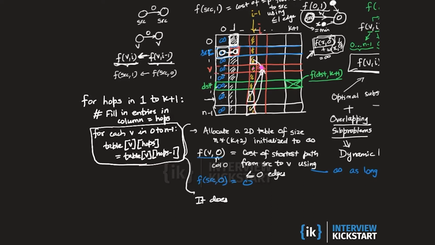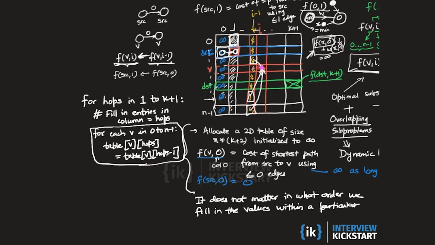We write this down to make this clear: it does not matter in what order we fill in the values within a particular column. So we could go top down, we could go bottom up, or I could just pick the vertices arbitrarily in that column and set the values for those vertices in any order I want.